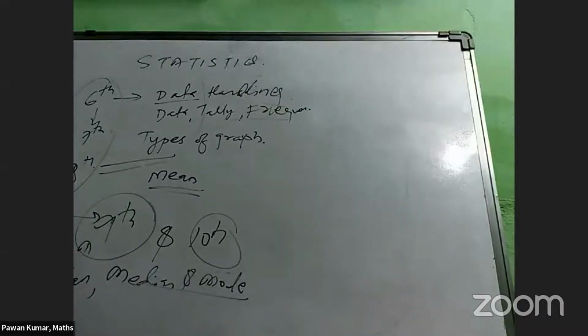Why does this happen? Because they give you more data in the frequency table. When the data is less than 100, you can easily add the data and get the normal mean.